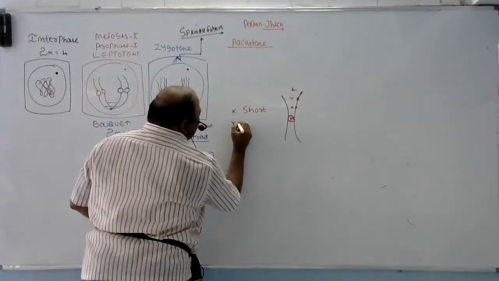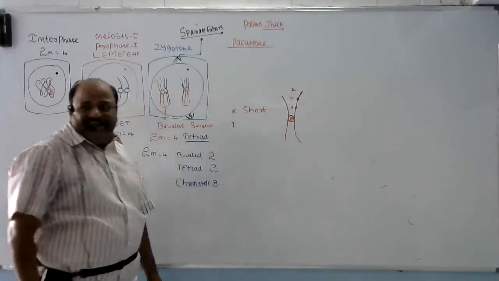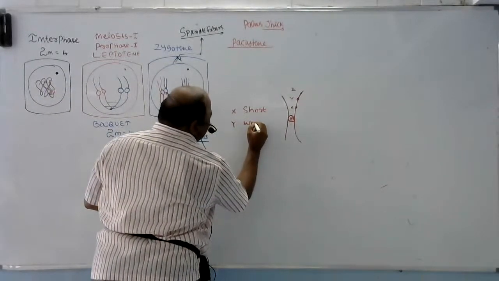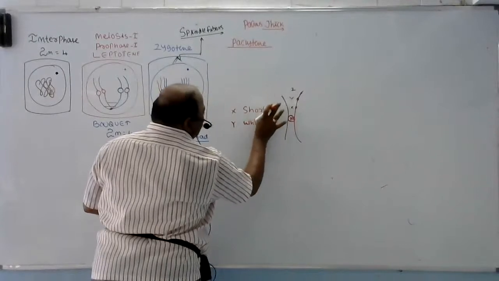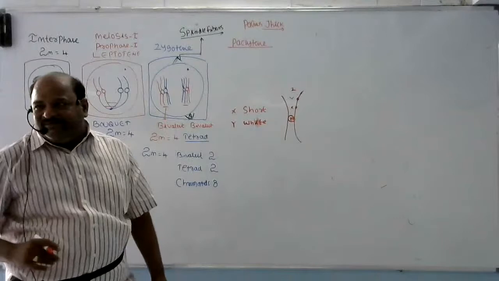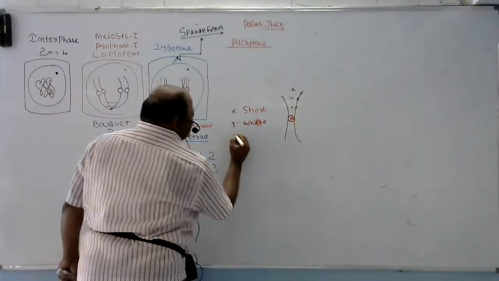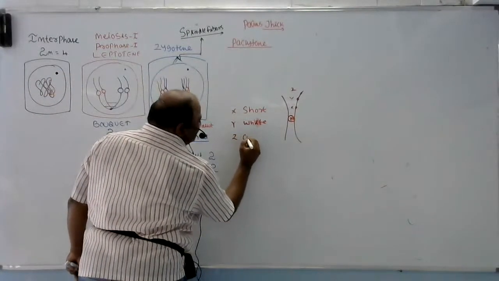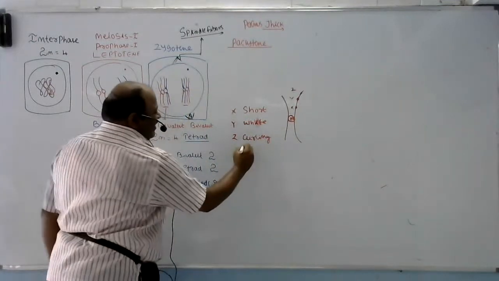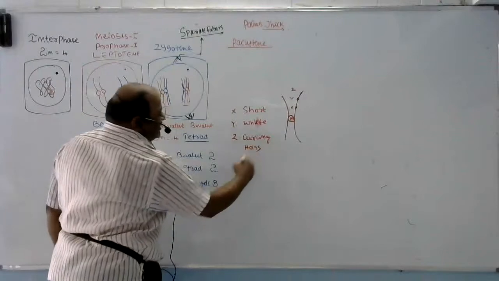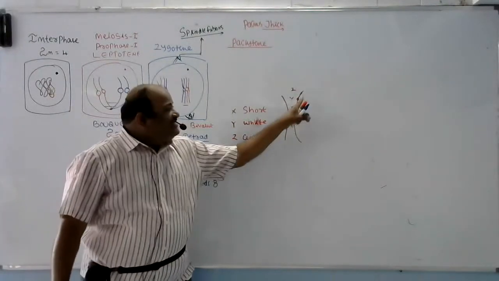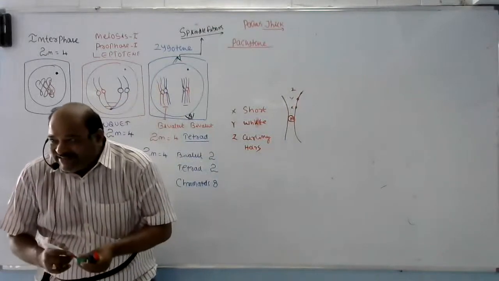Next, gene Y is responsible for skin tone, color, white. Z gives rise to curling hair. So, this is the mother chromosomal gene characteristics.